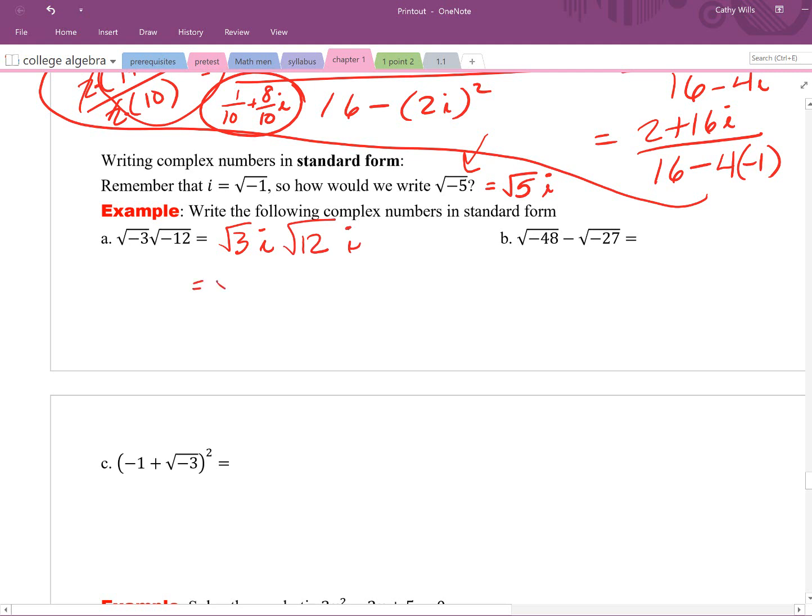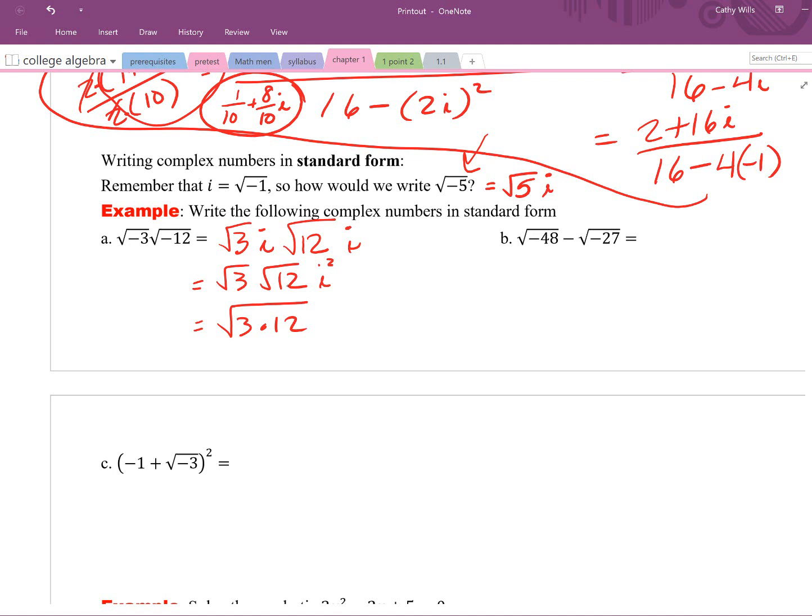You can rearrange it. Square root of 3 times square root of 12 times i squared, because i times i is i squared. Square root of 3 times the square root of 12 is the square root of 36. You're allowed to multiply two square roots, 3 times 12. If this was addition, you would not be able to do this. And I'm seeing people do that on their homework as well. You can't do this unless it is multiplication.